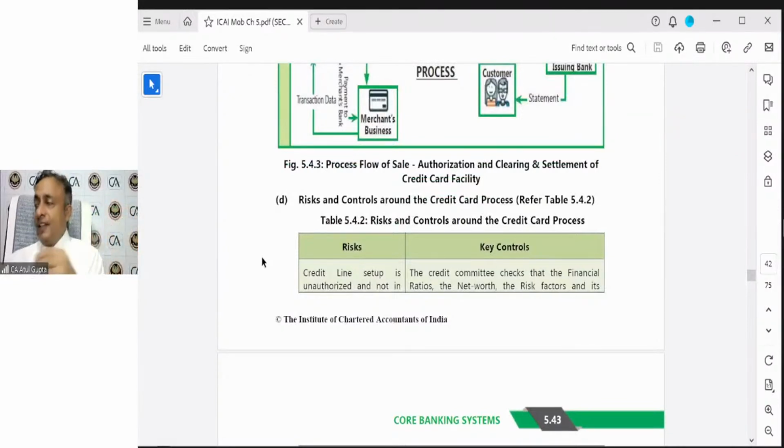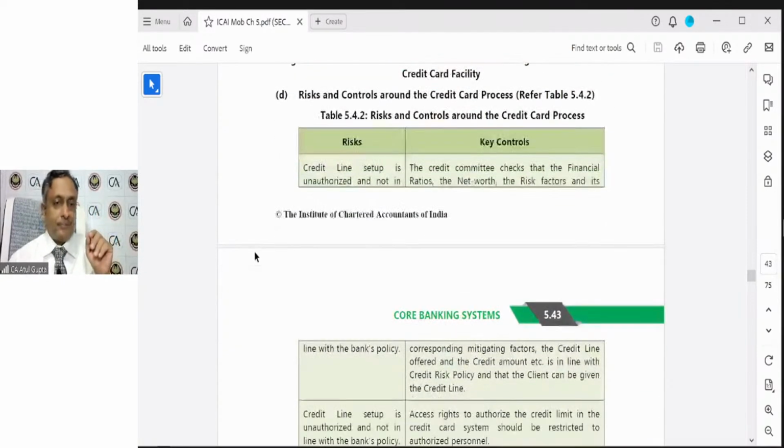Now here the word credit line is pertinent, appropriate. It was not that pertinent in current account, savings account. So here it is appropriate. Credit line setup is authorized, or unauthorized, not in line. Now here, when the bank or the card issuing company issues you a credit card, they revalidate your net worth, your KYC document validation.